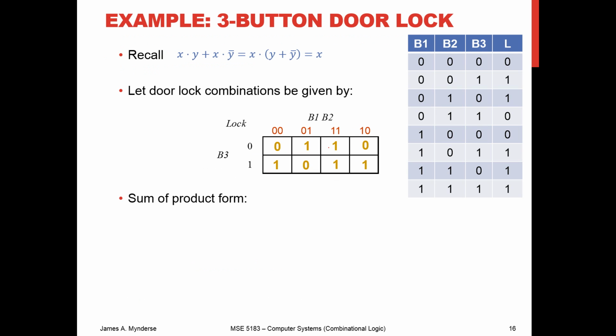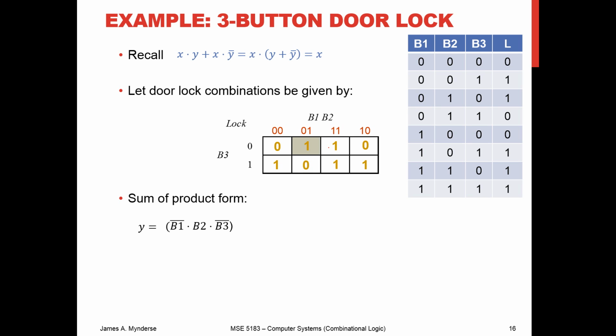So if we've got our 3-button door lock, same rule for minimization, but in this case we've got 3 buttons, B1, B2, B3, and we've got a couple different combinations that are going to work for unlocking it. So we can take that truth table and we can put it into our mapping, and notice that we've got 5 different 1s in that mapping.